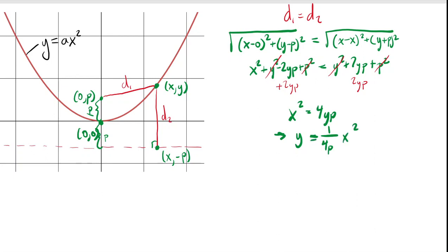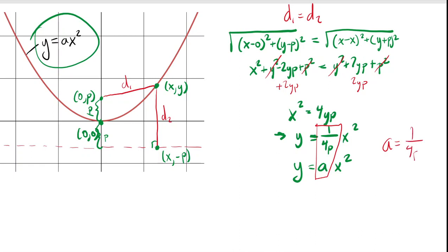Now, if we compare that to our original equation, y equals ax squared, knowing that this is the same equation, that means that 1 over 4p must equal a. So a equals 1 over 4p, and sometimes more usefully, p is equal to 1 over 4a if you solve for p instead.